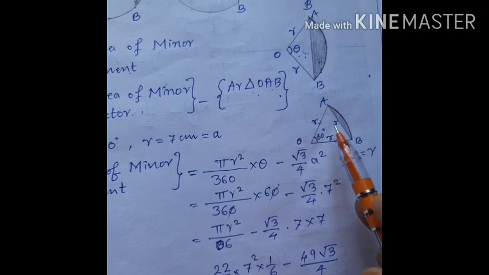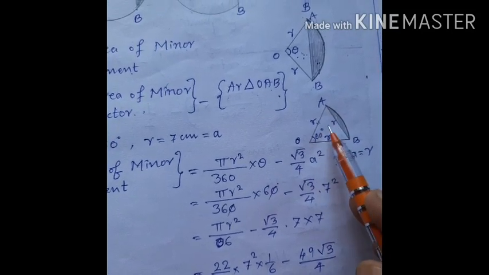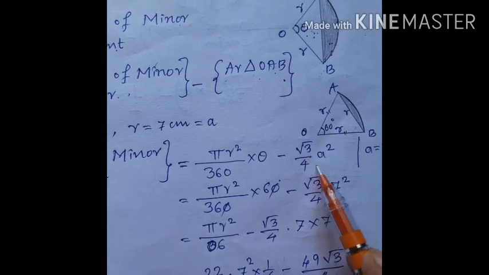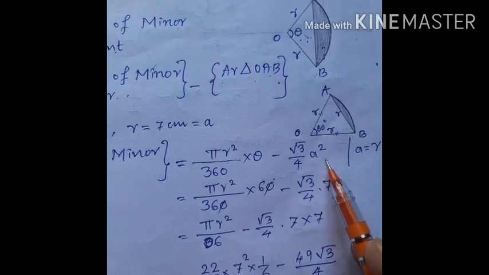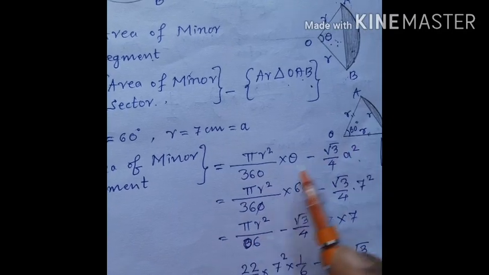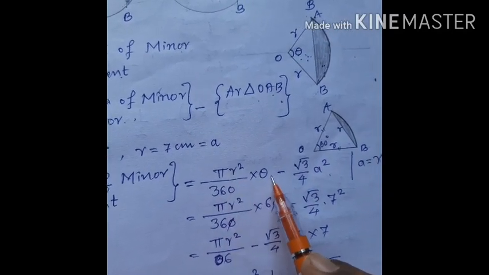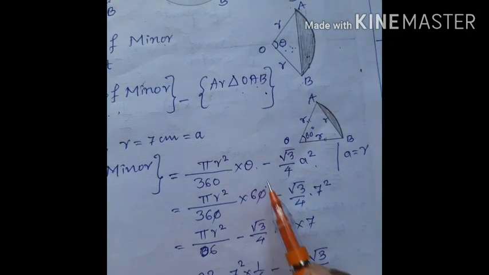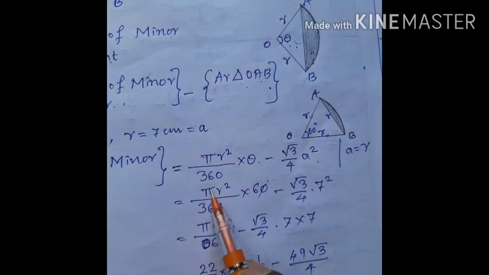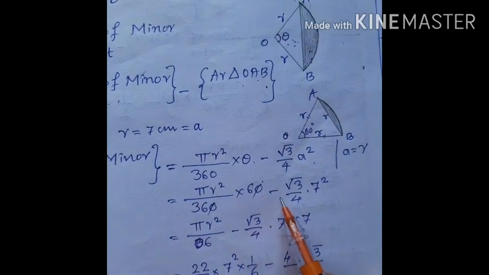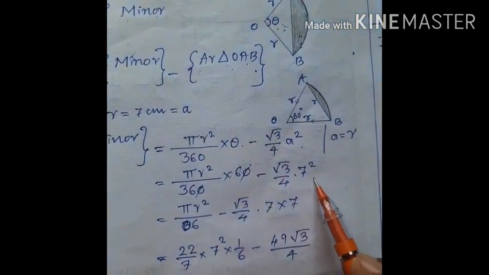This triangle is an equilateral triangle, therefore its area is directly calculated by root 3 by 4 a square. And the area of the sector is, for 360 degree, pi r square, and for theta how much is the area? Here theta is 60 degree, therefore pi r square by 360 into 60 minus root 3 by 4 7 square.